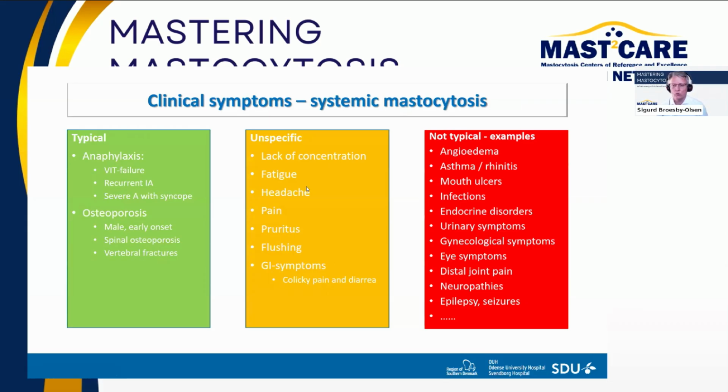And here, of course, you need to look for mastocytosis, but it may be also other diseases, of course. On the other hand, I think we also need really to be a little bit more strict on what we do not see in mastocytosis. And I don't see, for example, angioedema in my patients. I don't see urinary symptoms. I don't see eye symptoms or distal joint pains, neuropathies. I think we have to be a little bit more critical on what we put in our diagnostic pathway.